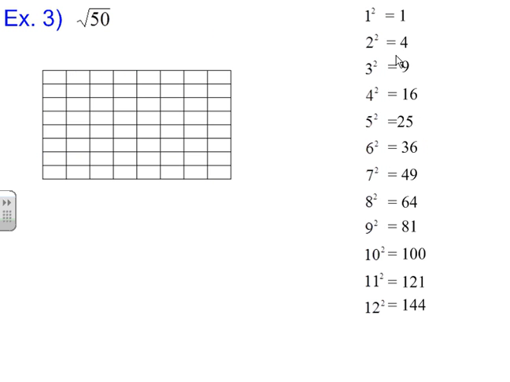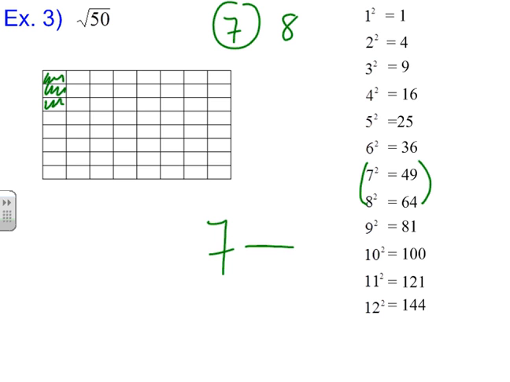We'll try it one more time. One more example. We're going to do the square root of 50. We can find the square root of 50 is between 7 and 8. Closer to 7 though, isn't it? So we know it's going to be 7 and something. We also know that it's going to be very close to 7, so it's going to be a really small number. It's way less than half, probably less than a quarter. So again, we're going to build our 7 by 7 square.